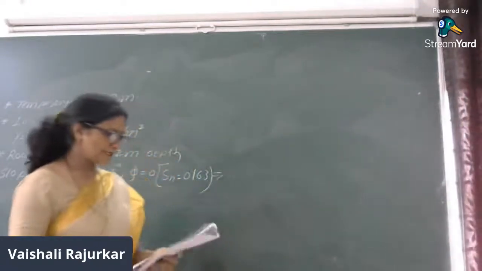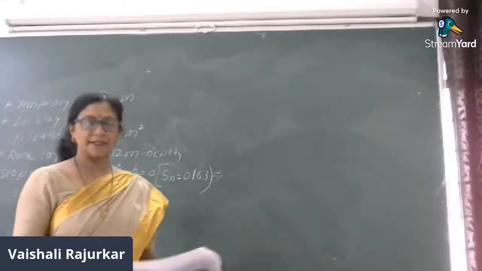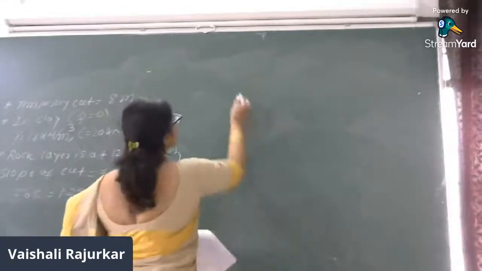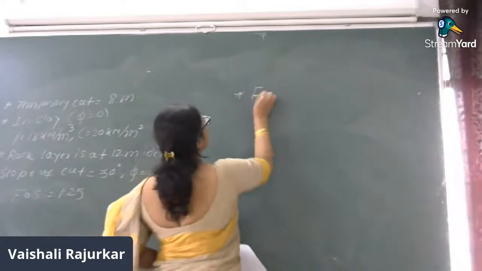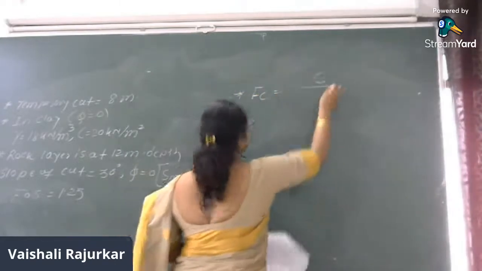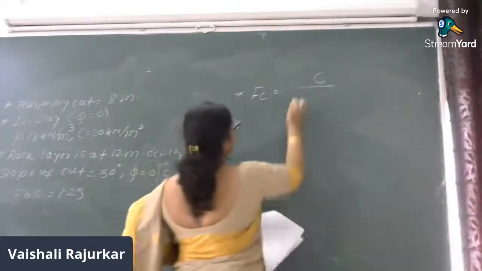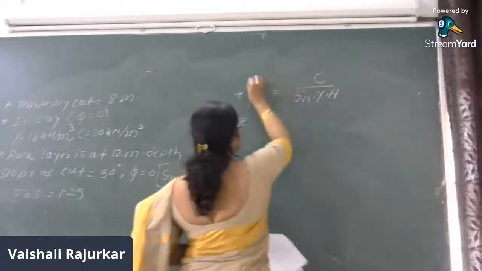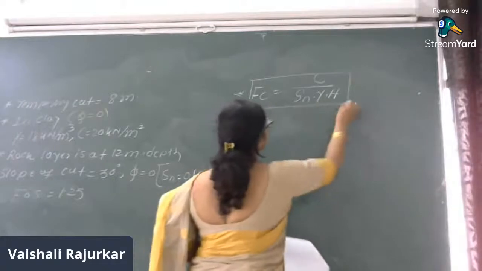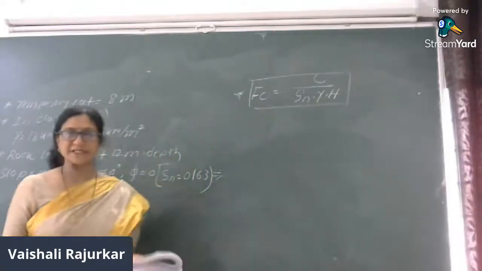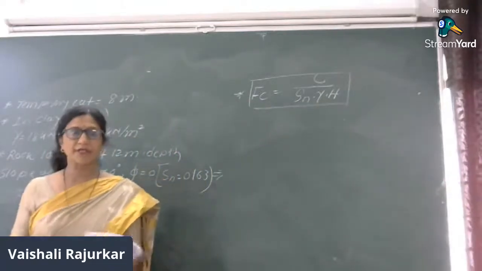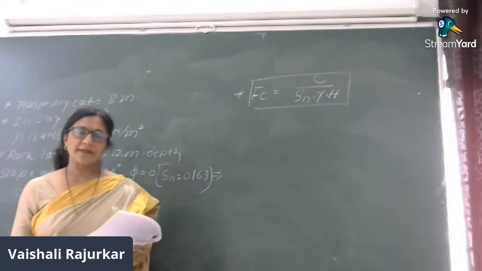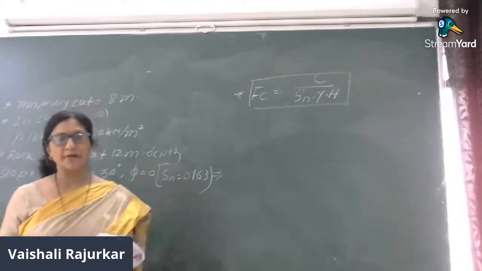Here, from the stability chart, we will first write down Fc is equal to C upon Sn into gamma into H. Fc is the factor of safety for cohesion, where C is the cohesion, as the soil is completely cohesive.